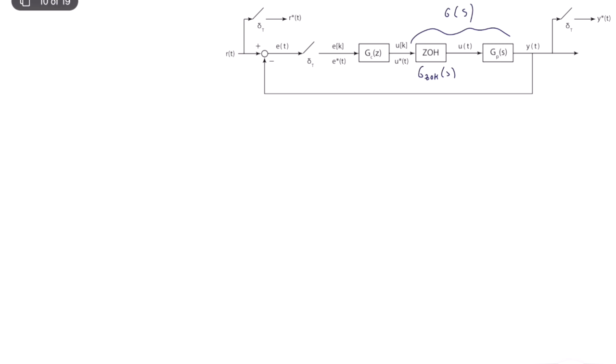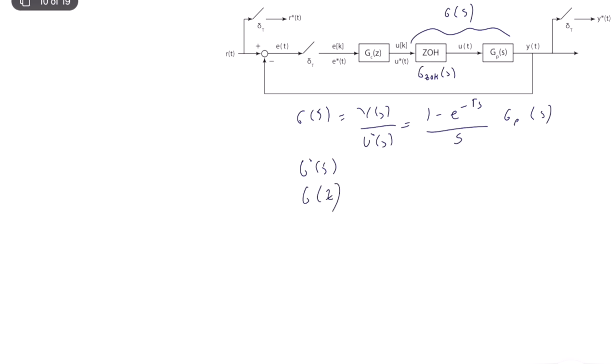G of s is equal to y of s divided by U star of s, and it is equal to, as we know, 1 minus e to the power minus Ts divided by s times Gp of s. Our goal is computing G star of s, and similarly we want to compute G of z.